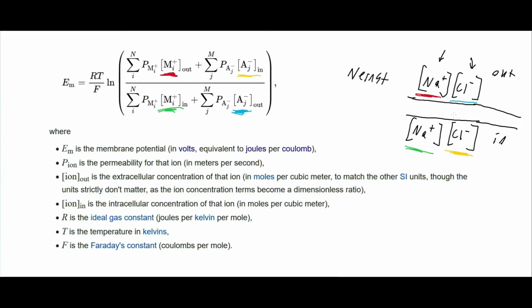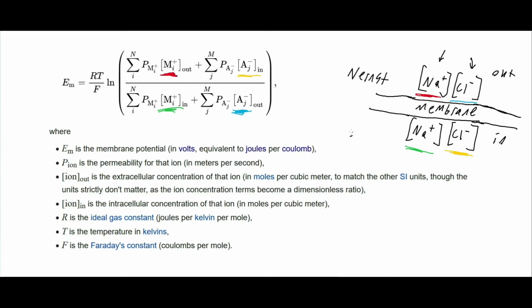And so this is something that we're going to run into as we go through biochemistry, these different concentrations of ions on different sides of this membrane here. And that's important for things like absorption in the intestines. It's important for things like action potentials in neurons and muscles and heart tissue and things like that.